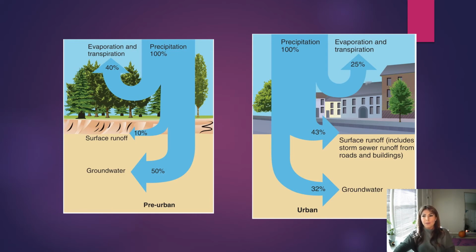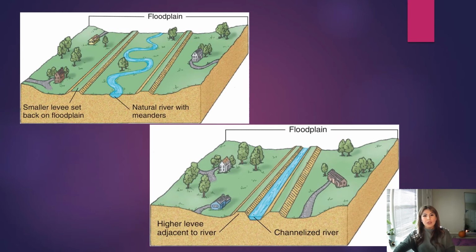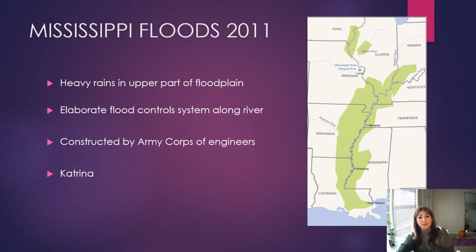It's necessary. So here are floodplains. You can either channelize a river or let the river naturally meander. Okay, those are two different options. The Mississippi floods of 2011, that's kind of what I was getting into. You have heavy rains in the upper flood plain area, and you had elaborate flood control systems along the river constructed by the Army Corps of Engineers.